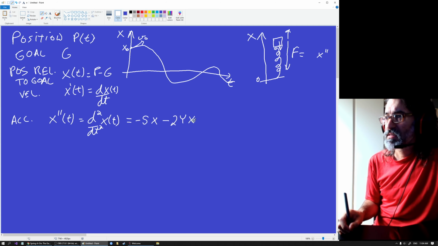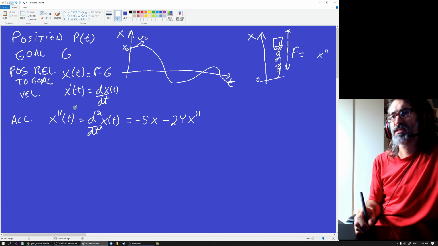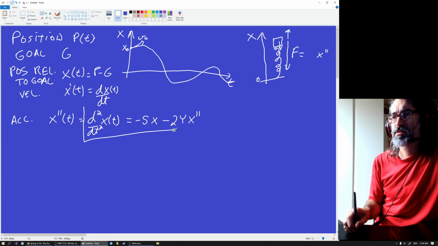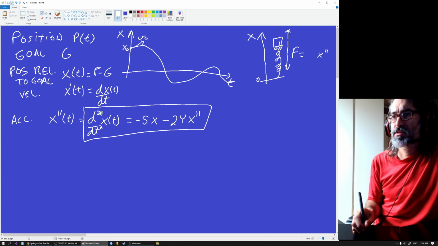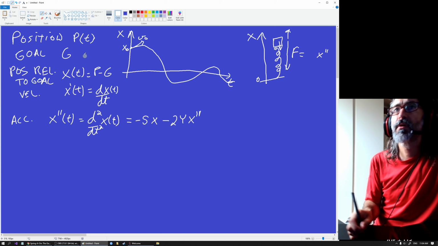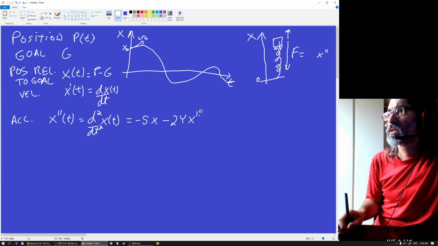It's going to scale the velocity. So this is the equation that we're going to use. Maybe I could write it like this instead, dx/dt. That's the thing we're trying to solve.